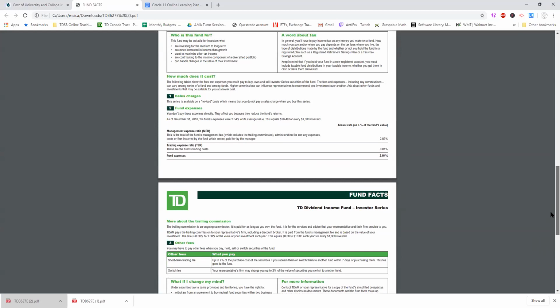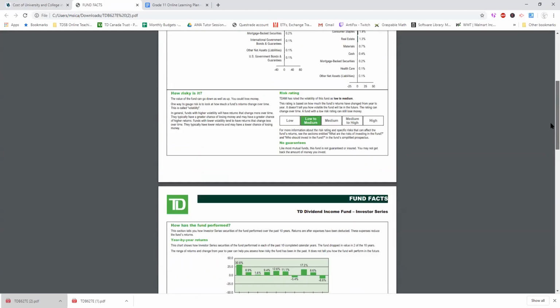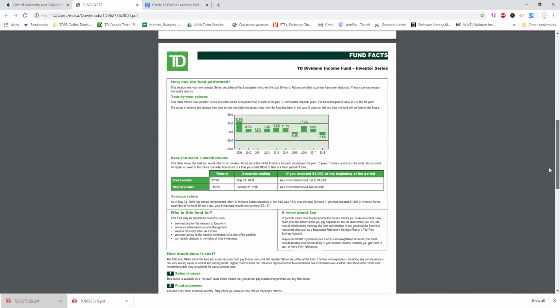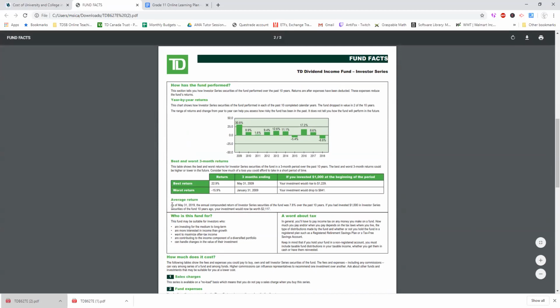Let's see, year to year, how much does it cost? Average return. If you take a look at this line, it says that over the past 10 years, this particular mutual fund was able to give a 7.8% return per year.